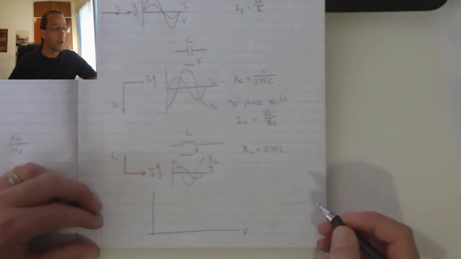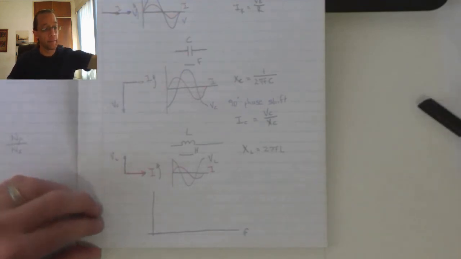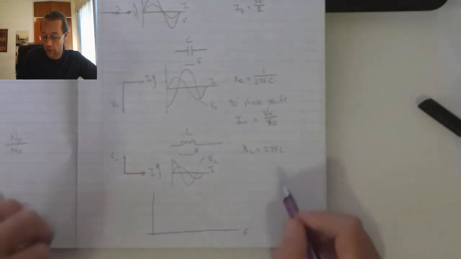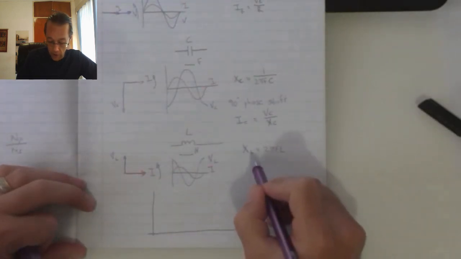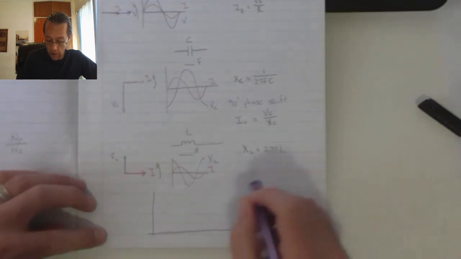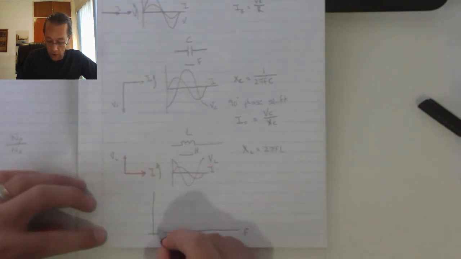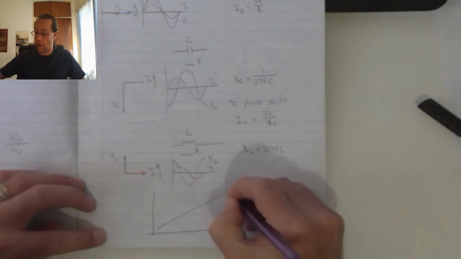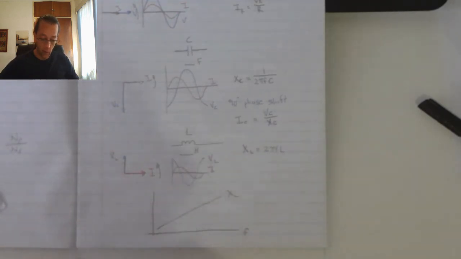These are my range of frequencies, and we will see that my inductor, because of this formula, XL equals 2 pi FL, so as my frequency increases, I will have a linear increase in my inductive reactance.